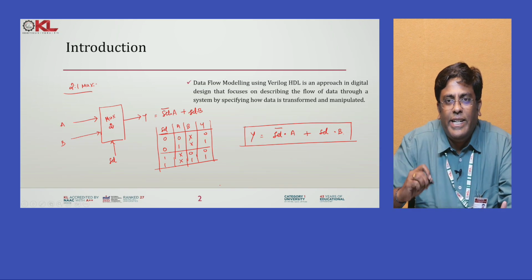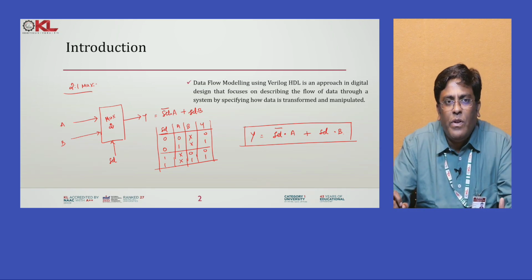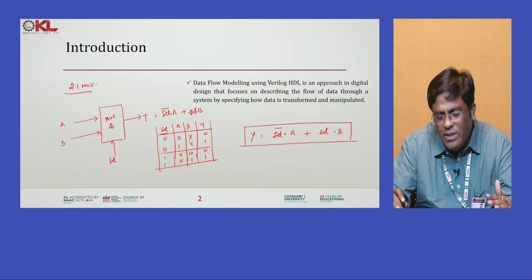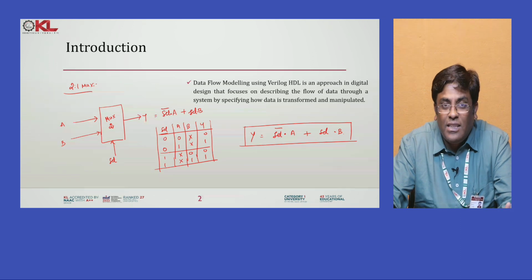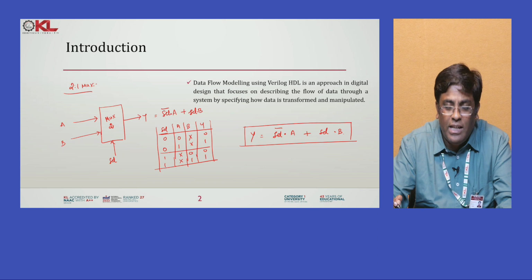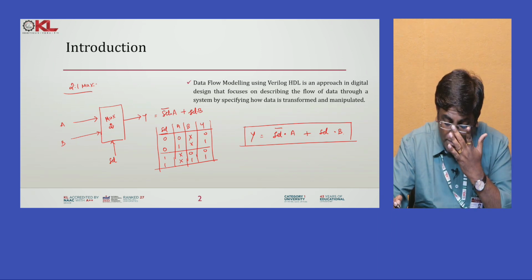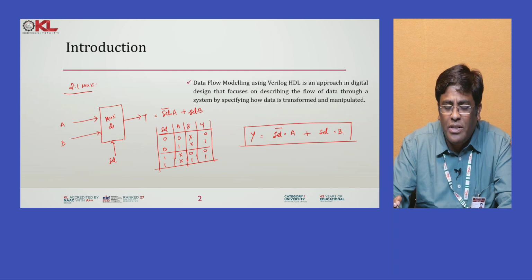In data flow modeling, we do the digital system design even if one doesn't know its internal logic diagram. I am not going to draw the internal logic circuit diagram here, because in the previous case we drew it, you do remember, in gate level modeling and structural modeling. But in this case we are not going to draw the internal structure of the mux.